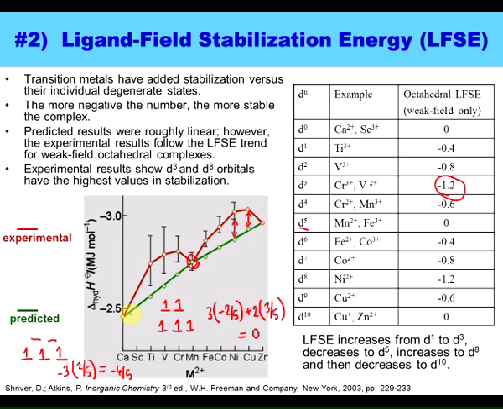But remember in the previous slide when we talked about the zinc complex not being as stable as the copper? It's because the zinc doesn't get any ligand field stabilization energy. Because the zinc 2+ is a d10, and if we're looking at d10, let's draw orbitals. 1, 2, 3, 4, 5, 6, 7, 8, 9, 10.